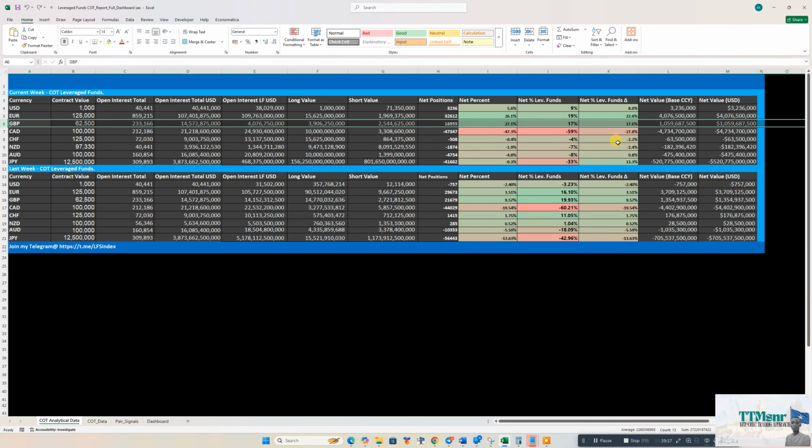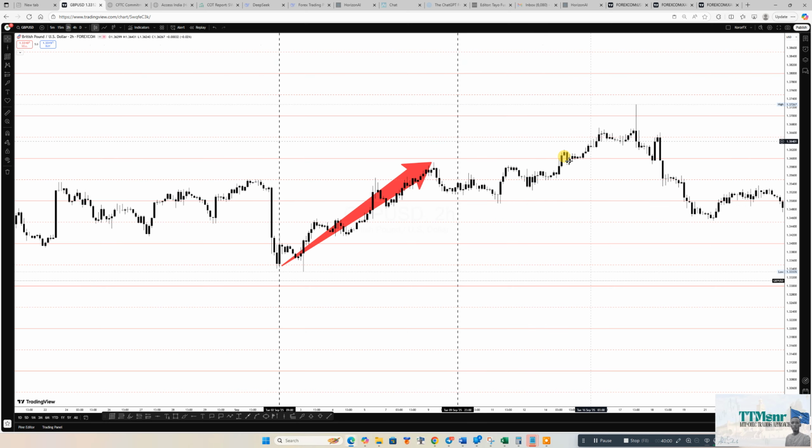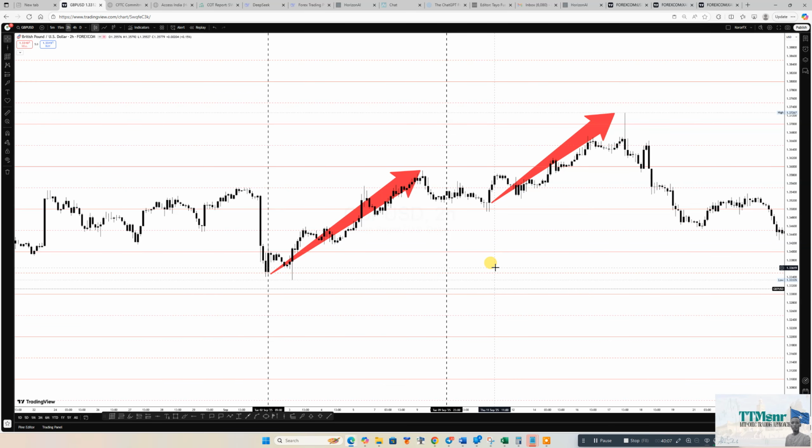So for 2 consecutive weeks the data was positive for GBP, and you can see that net percentage was increasing to 27 percent, net leverage funds percentage 17. So it is always increasing. So that was another bullish sign for the next week, and then boom, you can see the market was flying.